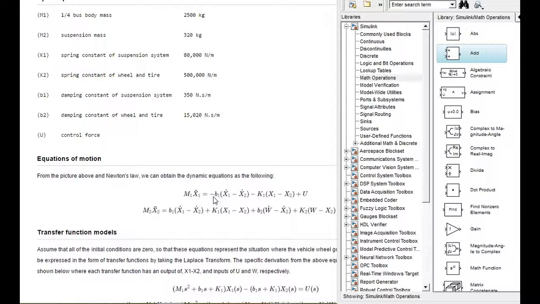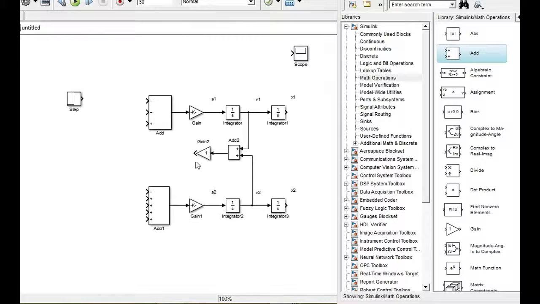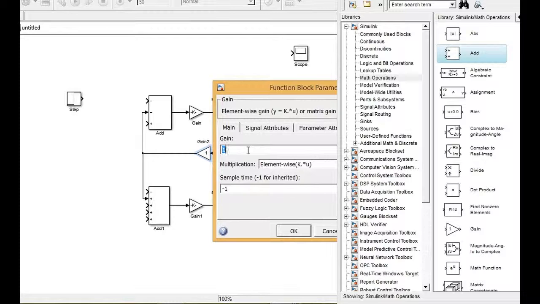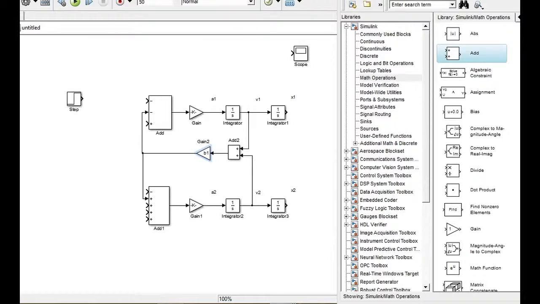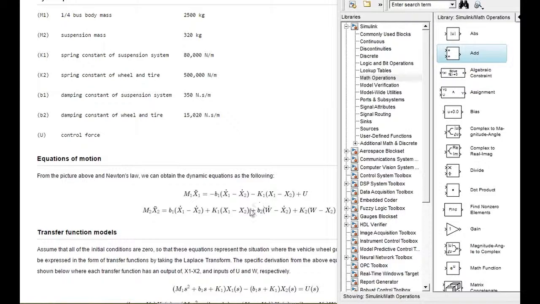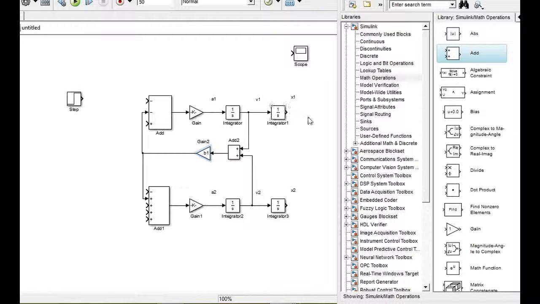And let me do it for b1, and you can even see that the first equation is for minus, and the second equation, the same equation, is for plus. So keeping these things in mind, I'd like to change this thing to b1 from here, and you can even see for the second one, that is x1 minus x2 times k1.